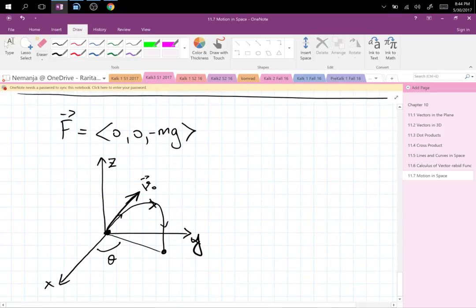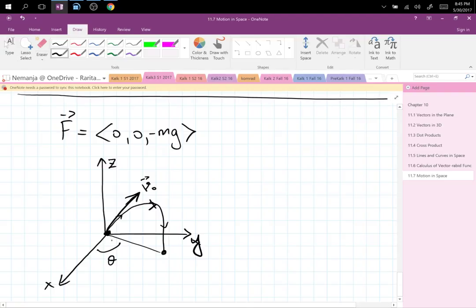Now you can decompose, because that initial vector v0 will have the projection, right? Projection on this one. And what you can see is that it has its component. So this is v0x. And then there is also a component v0y.